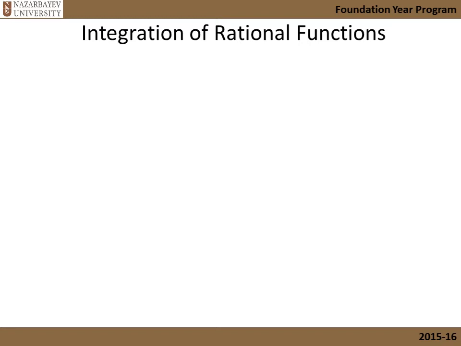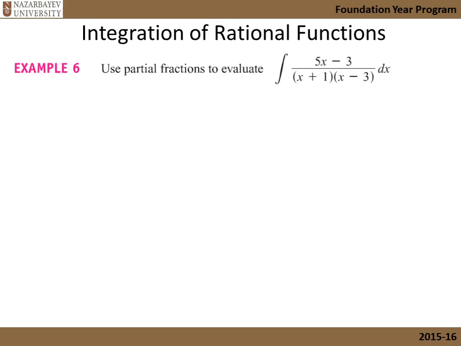Our next integration technique is for when we want to integrate rational functions represented as rational fractions. Let's look at this example. We need to integrate 5x minus 3 over (x plus 1) times (x minus 3), which is the same as 5x minus 3 over x squared minus 2x minus 3.